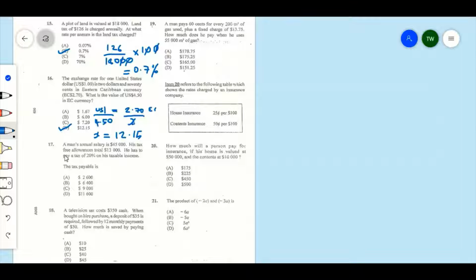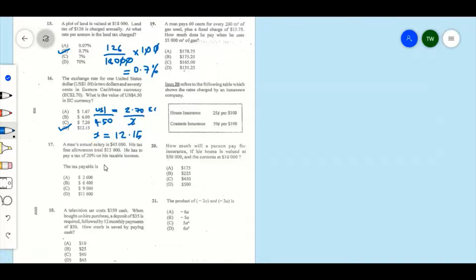Number 17. A man's annual salary is $45,000. His tax-free allowance totals $13,000. He has to pay a tax of 20% on his taxable income. The tax payable is... now we need to determine what his taxable income is.